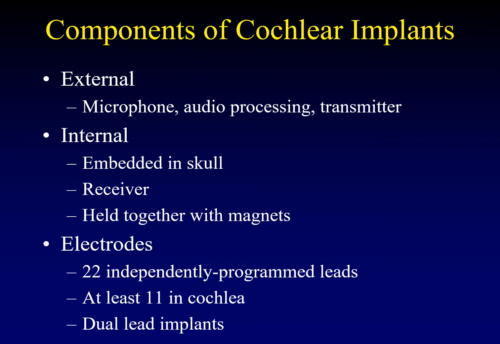Less than 11 and it gets hard to get good speech recognition. But more is better. If you end up with 22, that's great, as long as you've got at least 11. There are different types of implants with different numbers of leads. There are dual leads, for example, where instead of one electrode with 22 independently programmed leads, you get 2 with 11 each, and so there is some variation in the different types of implants.